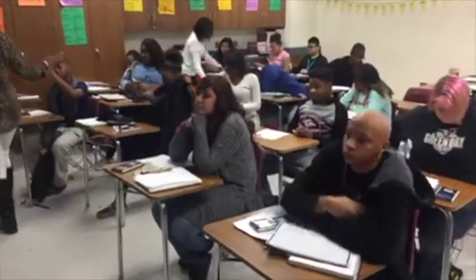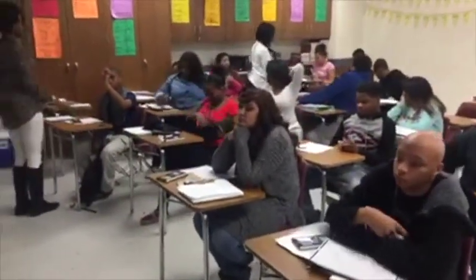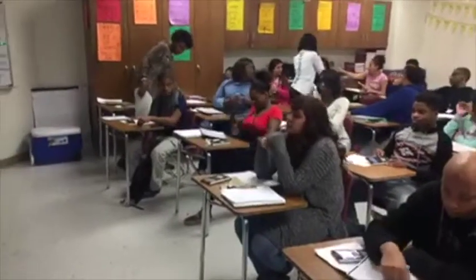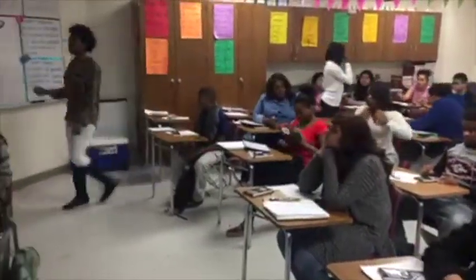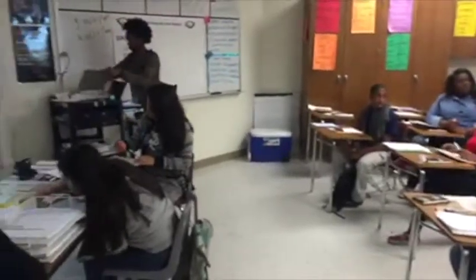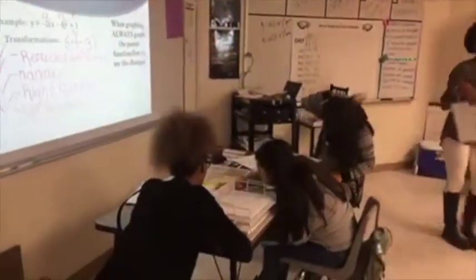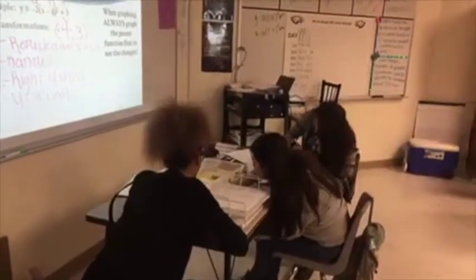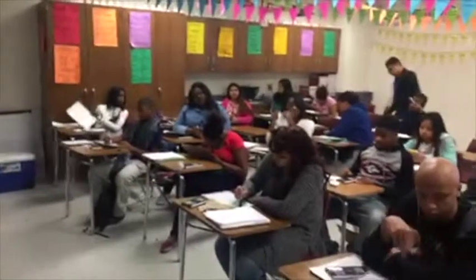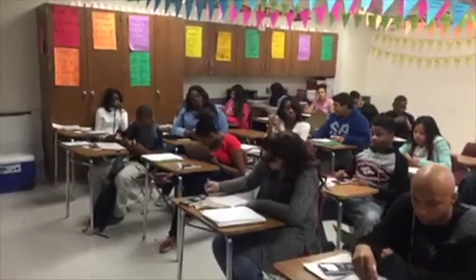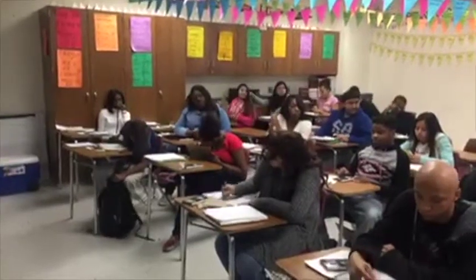Can you give me a marker? It's not underneath your desk? I need another marker. What's wrong with your marker? It's fading away. Miss Bay, I need one. Can't even see it. What's wrong with my brown one?